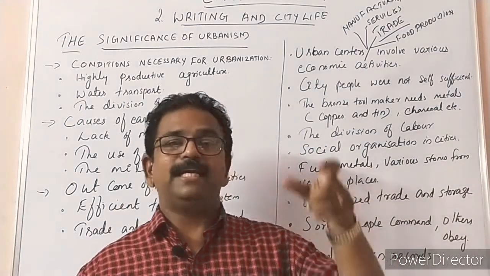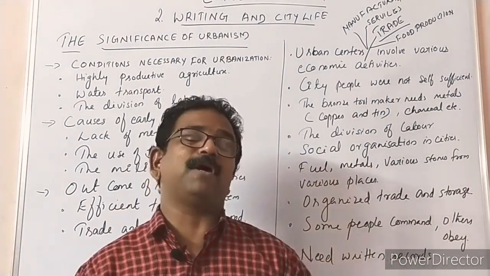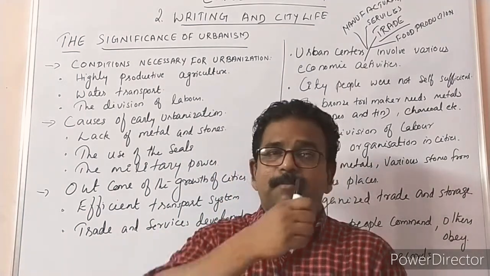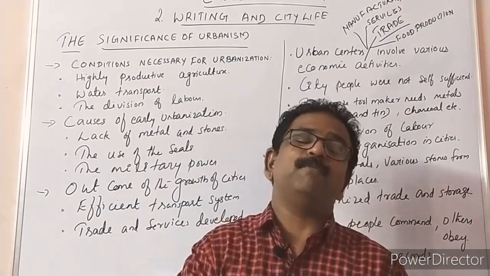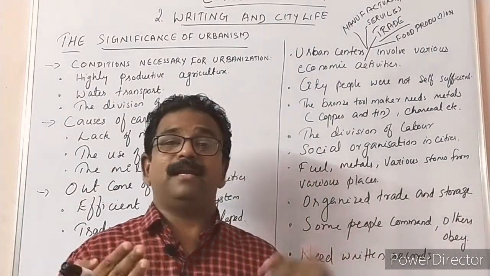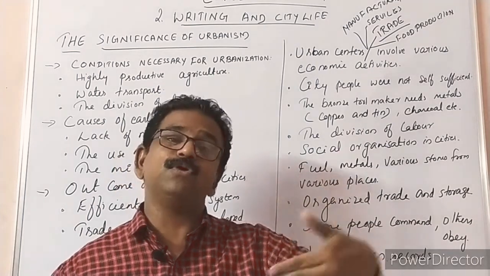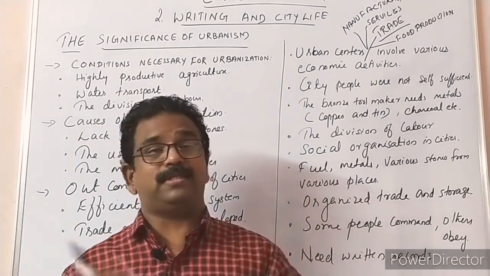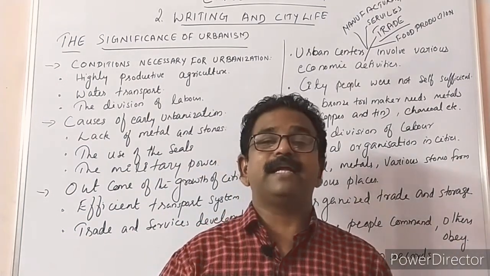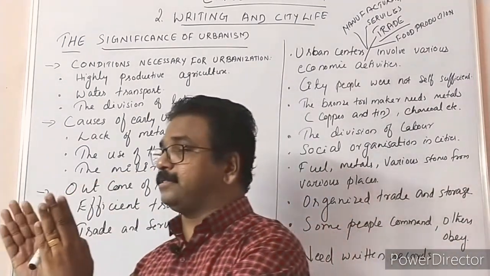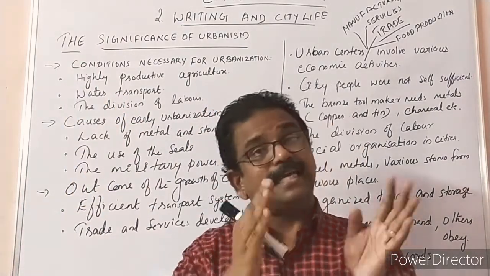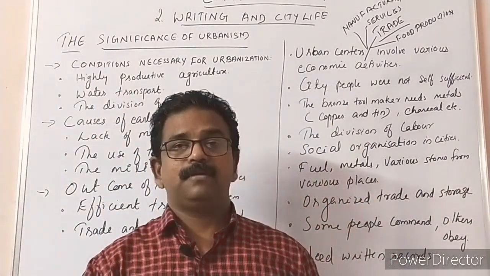Metal tools they need for accuracy because carpentry needs accuracy. In a different way, bead making needs accuracy. For all this, for accuracy, he uses metal tools. Mainly bronze they are using. So for bronze, both of these are needed. So they are not self-sufficient in the city. They have to approach some other people, and they have to collect these items from somewhere else. In such a way, trade flourished.